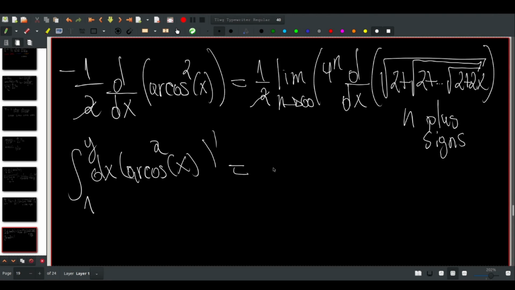So this value is the upper limit minus the lower limit. So the lower limit is the arccosine of 1 minus the arccosine of y. Perfect. The arccosine of 1 is 0, right? Because it's the value for which the cosine is 1, and that is identically equal to 0.